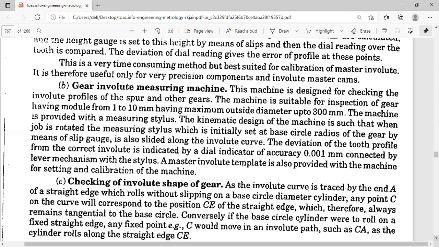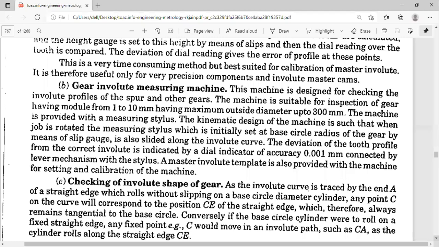It will be attached to the straight edge. So whenever it is rolling without slipping, the straight edge will be moving without any disturbance or slipping.